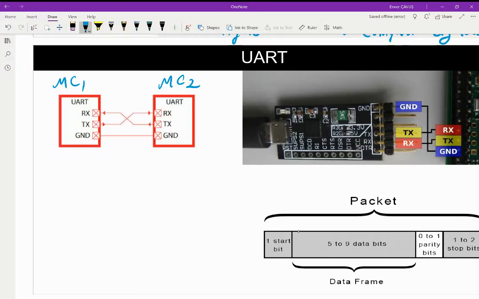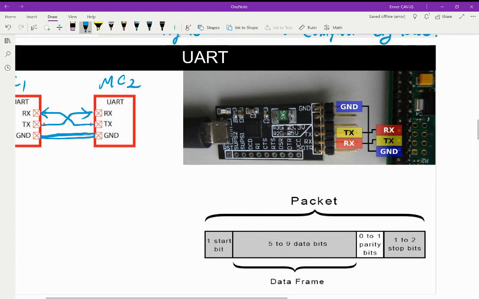This is the transmitter from microcontroller 1, and we transmit our bits to the receiver side of microcontroller 2. Similarly, microcontroller 2 can transmit data to microcontroller 1, and we also need to connect the ground pins of these two UART modules.